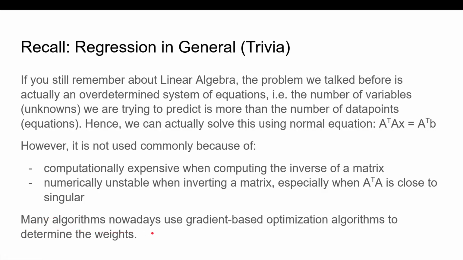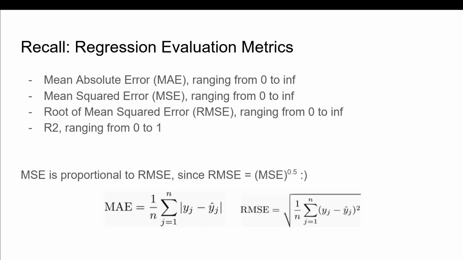And as I have told you before about gradient-based optimization, nowadays people use gradient-based methods to determine the weights and optimize the loss function. For the evaluation metrics, we have four.